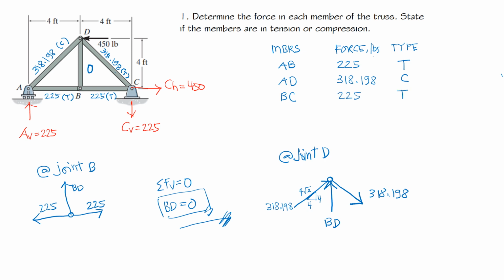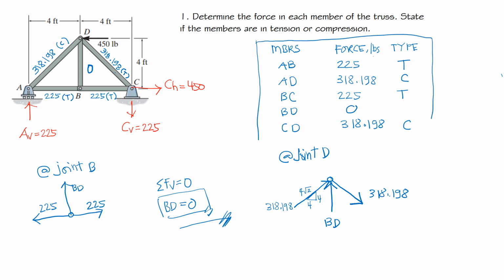Tension. Member BD, that's 0. And then member CD, that's 318.198 compression. So this is now the final answer.